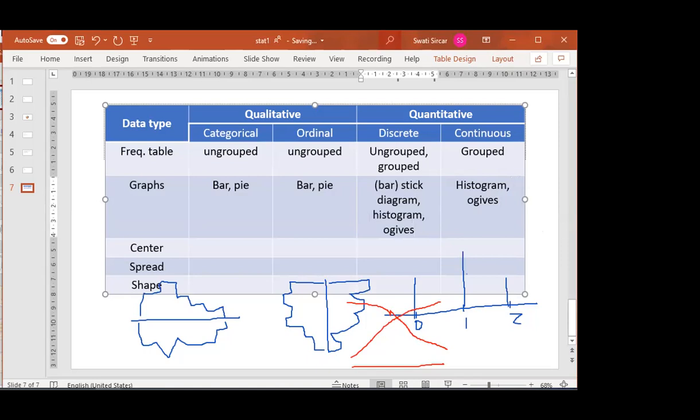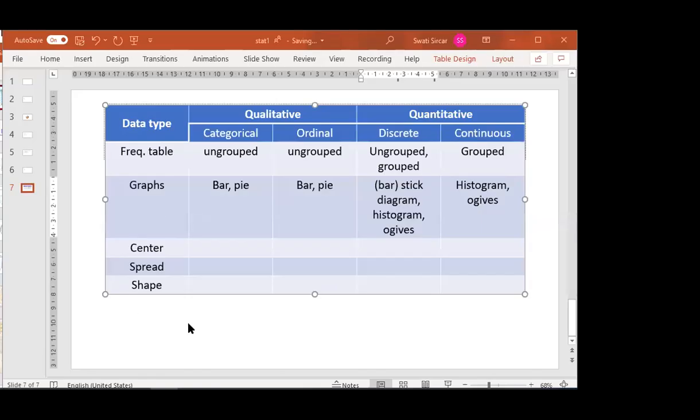Now, the next important thing is whether you have a bar or a histogram. Let me now draw some histograms. Any questions so far? When we think of bar, it will look like this.